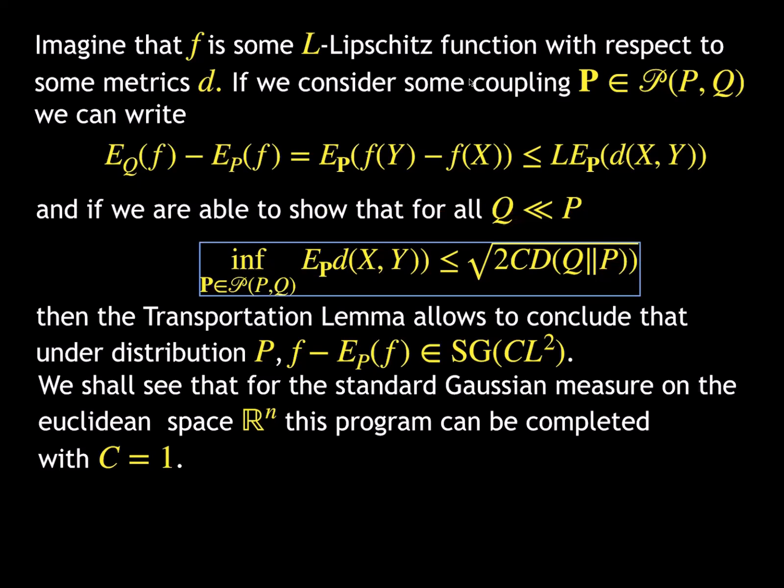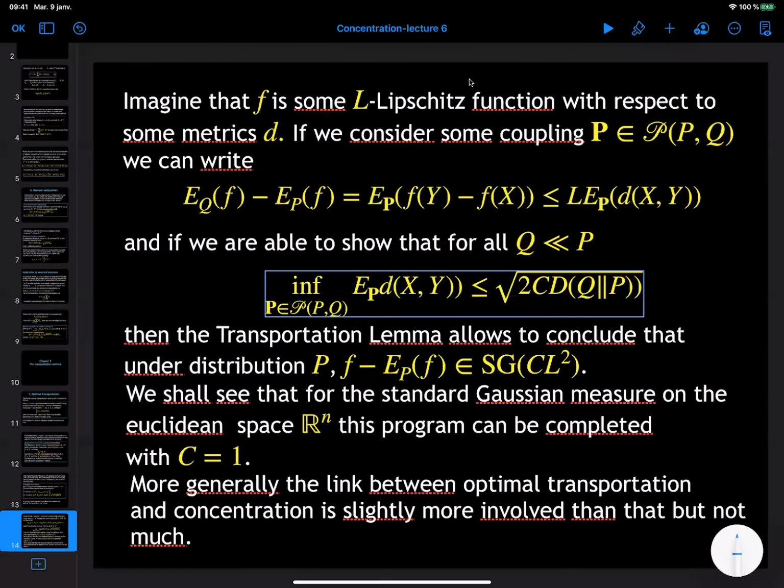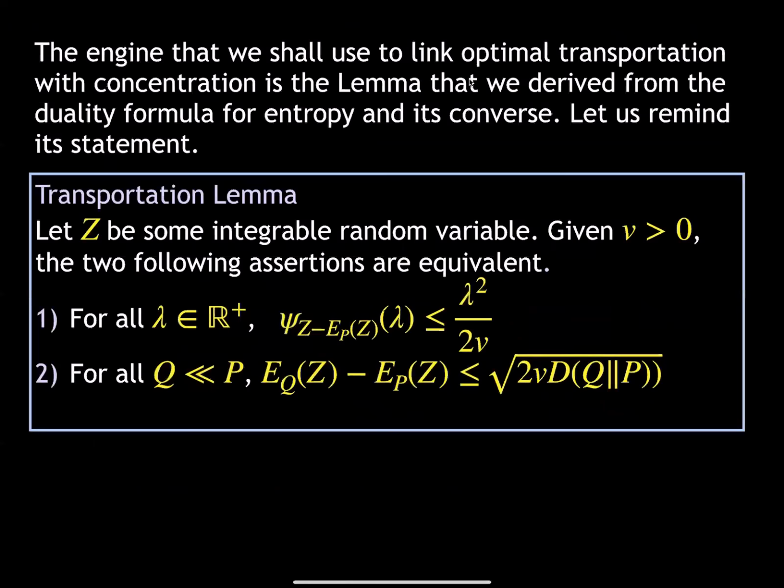Okay, so here the message is that the engine to get concentration, instead of being the Herbst argument as in the entropy method that we have seen, or a modification of the Herbst argument, is another engine which is also based on the duality formula, and which is this transportation lemma.